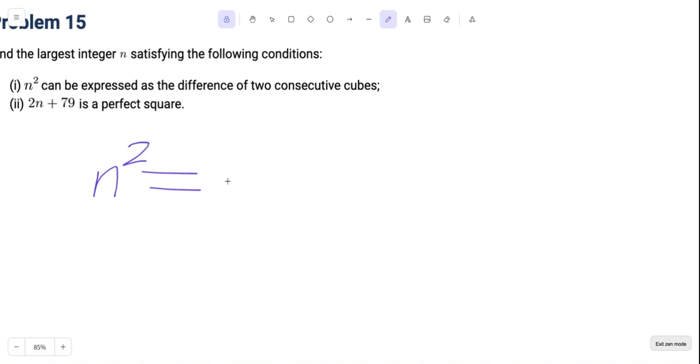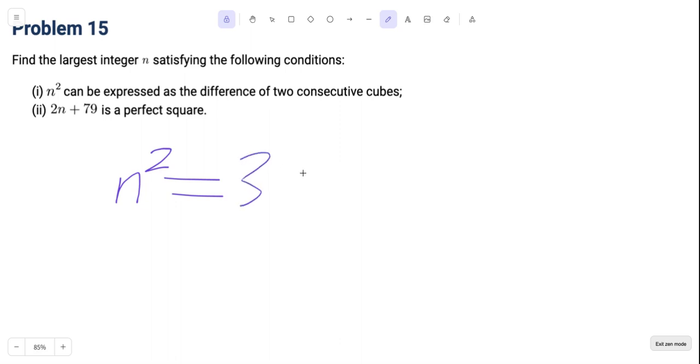If you have k plus 1 cubed minus k cubed, k plus 1 cubed is just k cubed plus 3k squared plus 3k plus 1 by the binomial theorem. If you subtract k cubed, it's 3k squared plus 3k plus 1.